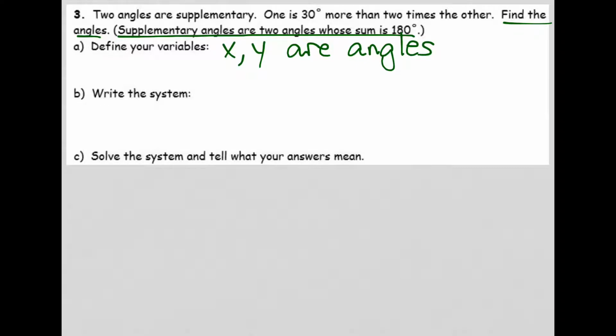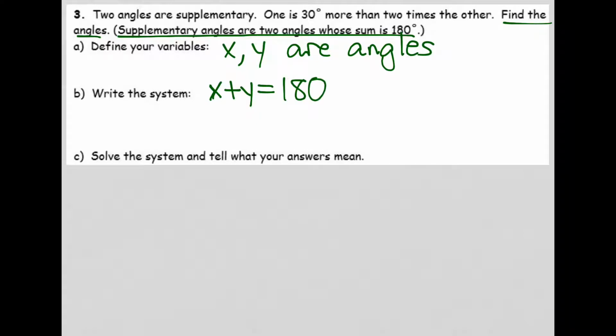Well, let's write a system. What do we know about these angles? Well, we know they're supplementary. And that means that if I add them together, it will equal 180.